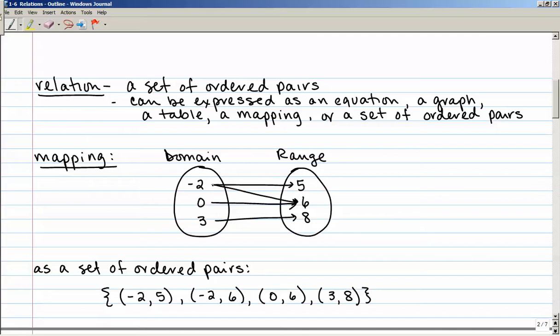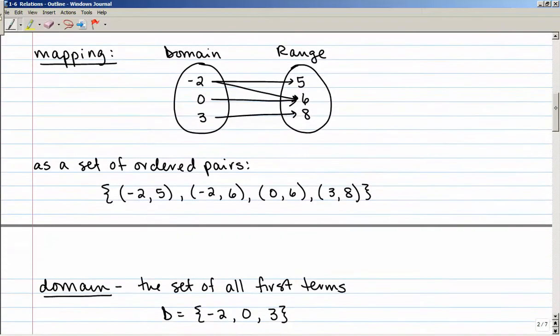Notice that the arrow starts inside the bubble for the domain, and it ends with an arrow inside the bubble for the range. The ordered pair -2, 6 again goes from -2, but this time the arrow points to the 6. The ordered pair 0, 6 starts with the 0 and is drawn to the 6, and then 3, 8 is drawn from the 3 to the 8.